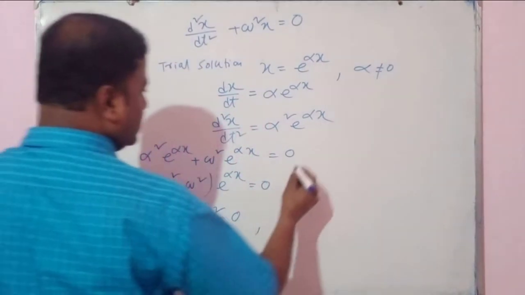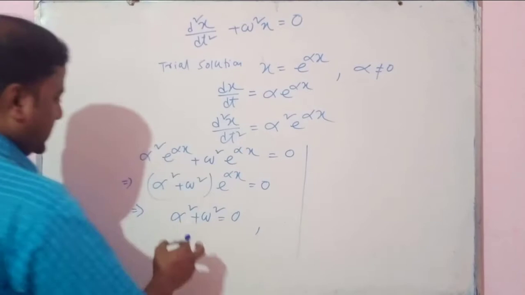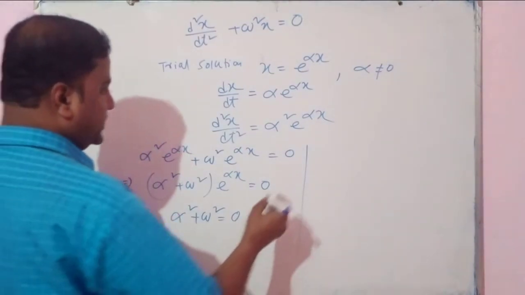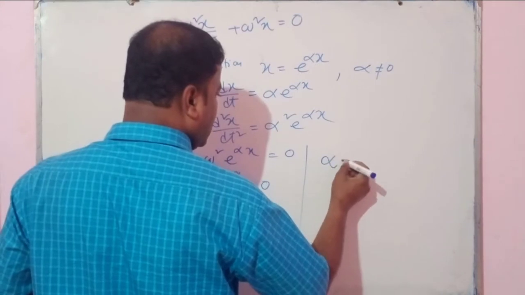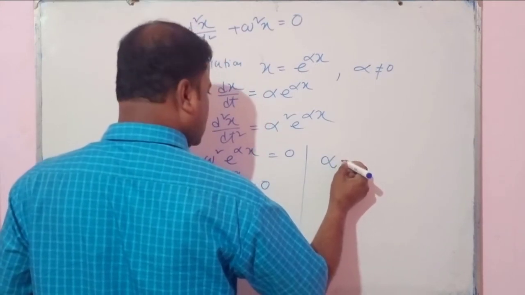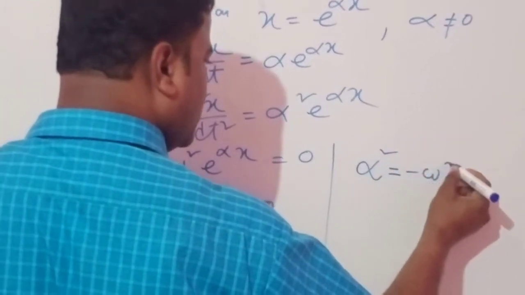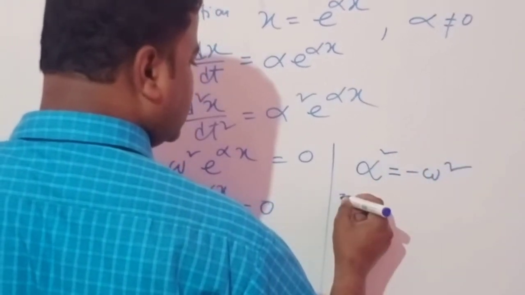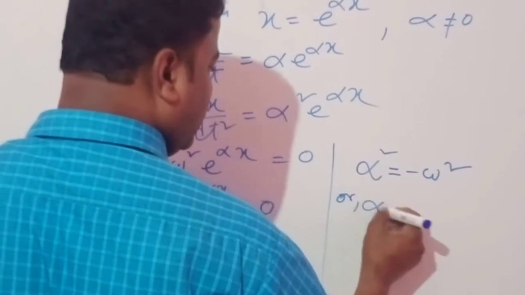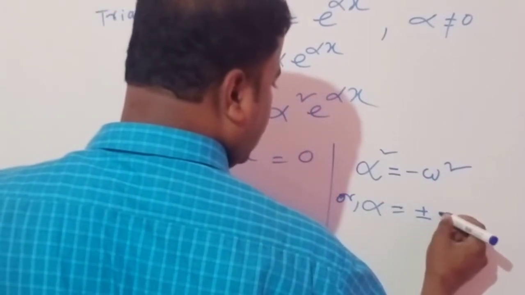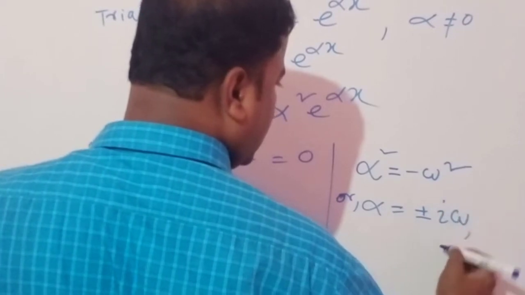Now, this is a quadratic equation of alpha, and we get alpha square equal to minus omega square, or alpha equal to plus minus i omega.